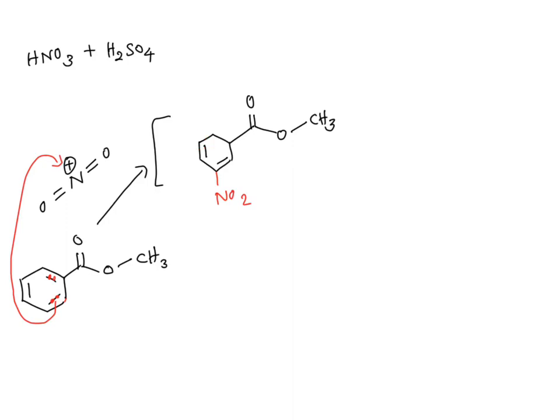We know benzene can be drawn like this or like this. So if this is the benzoate, the C double bond O OCH3, you can move this pi bond or this pi bond to put the nitro group on this carbon or this carbon, right?